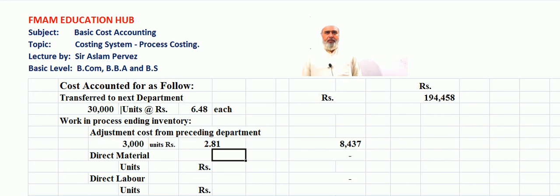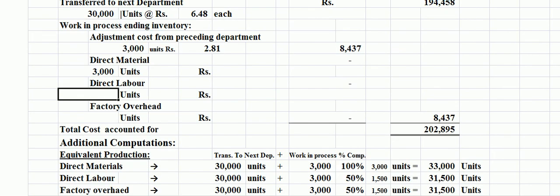Student, now we will find the current work in process in department 2 cost: 3,000 units, and also 3,000 units here. The degree of completion is 100%, 50%, and also 50% here.